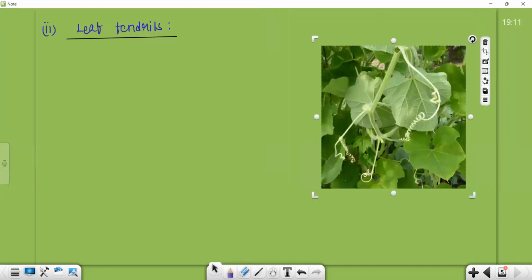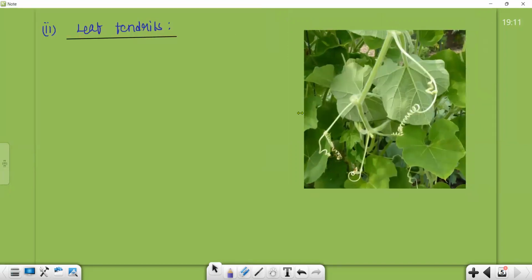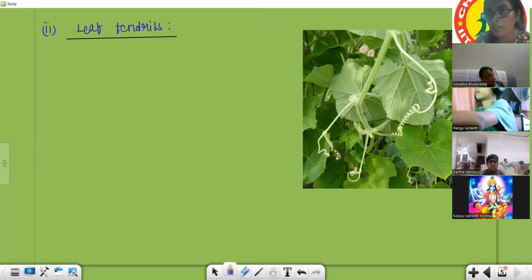Can you see here? In climbers and creepers, the hair-like structures, I think everybody knows. Ma'am, I saw these in grape plants. In every climber and creeper, you can find these kinds of structures which help in climbing, which are called tendrils.